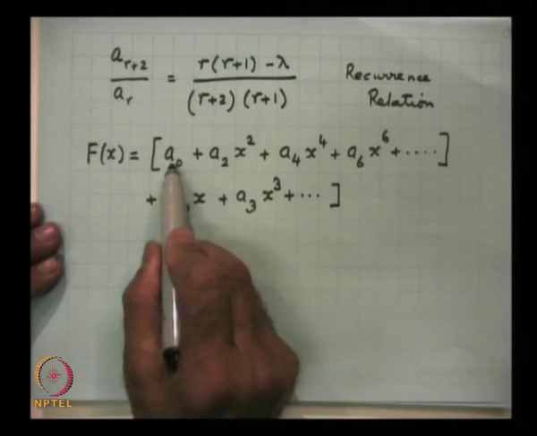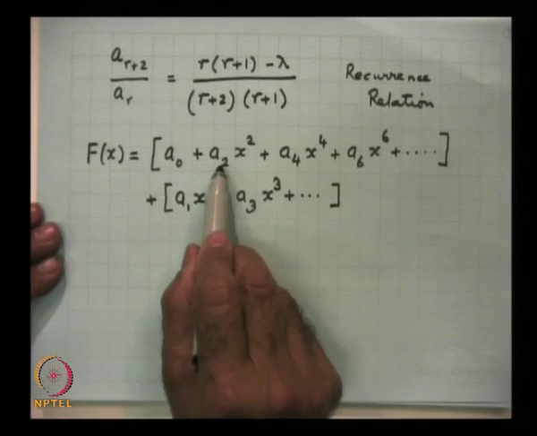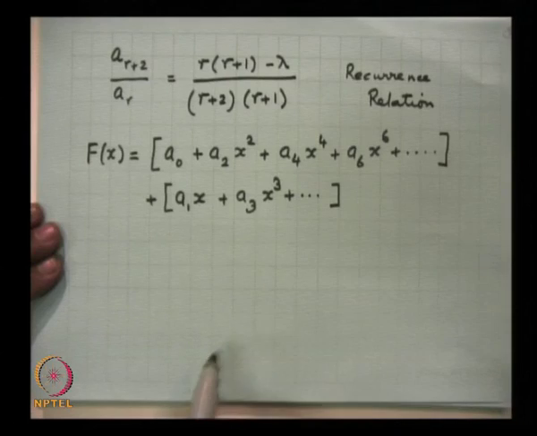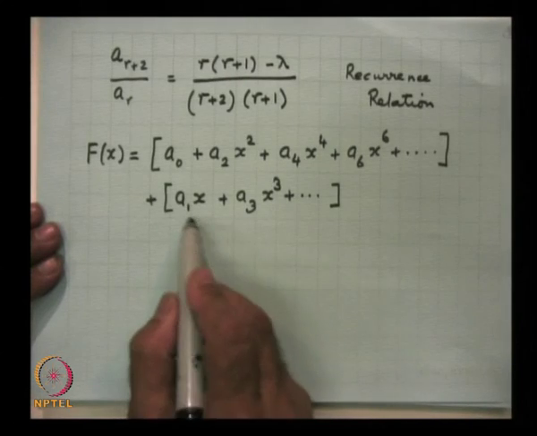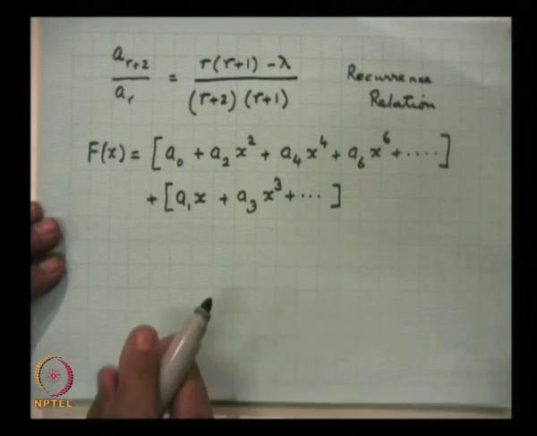Because a2 is related to a0, a4 is related to a2, we have the even series and then we have the odd series.